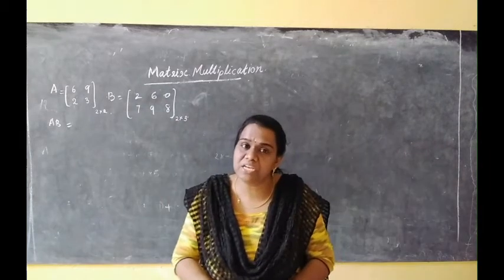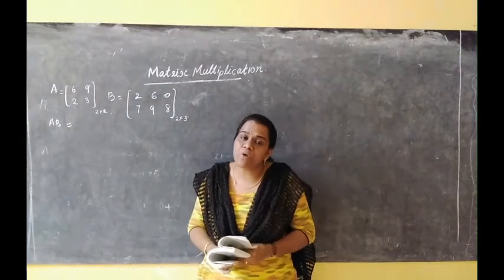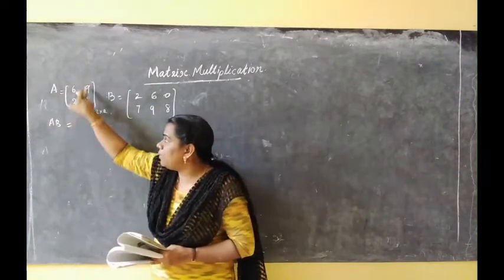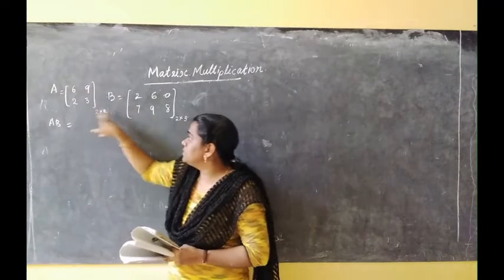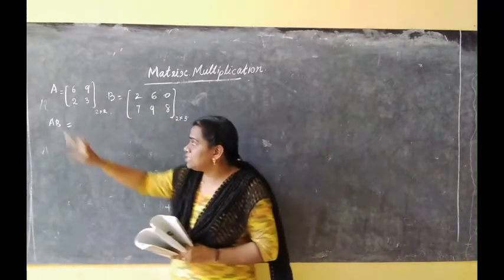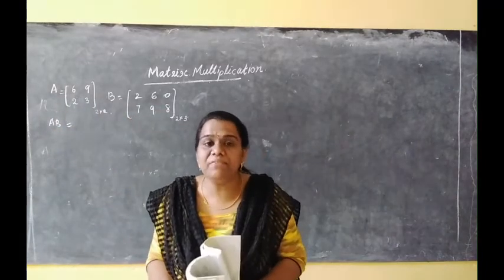Then can we multiply this? First of all, we have to check if multiplication is possible. What is the condition? The number of columns of the first matrix must be equal to the number of rows of the second matrix. Here how many columns? 2 columns. Here how many rows? 2 rows. Then only we can multiply.